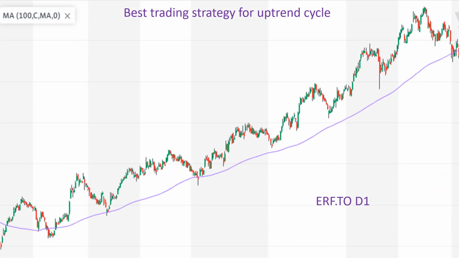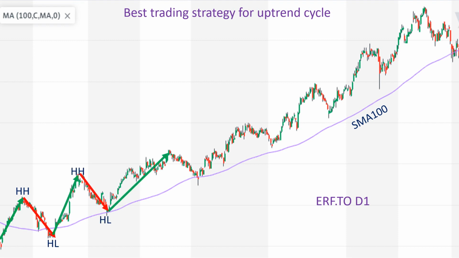Base trading strategy for the uptrend cycle. This is the price trend, ERF stock on the D1 time frame, and I also installed SMA 100 as a market structure. Now the trend is making higher highs and higher lows.